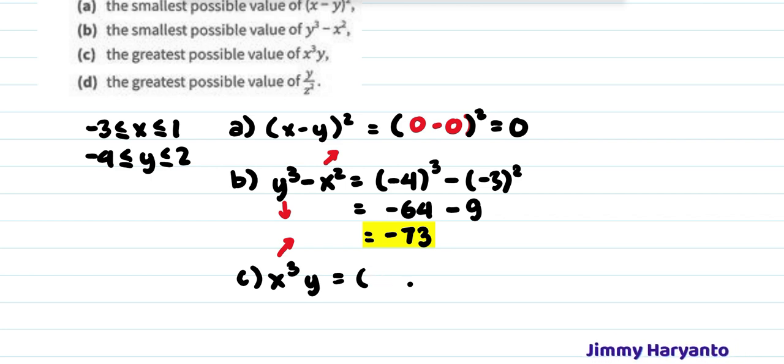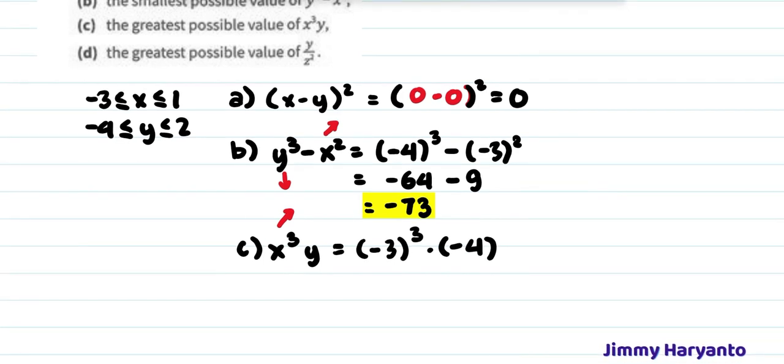A cube can be negative and then times by another negative for the y. Oh yeah, so this one will be greater than the previous one. So I choose -3 for the x and -4 for the y, because later we will have -27 times -4. Negative times negative will give us a positive number, while the value itself is the greatest, 108.